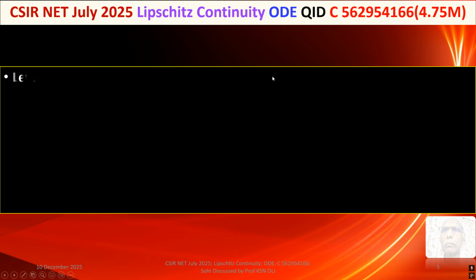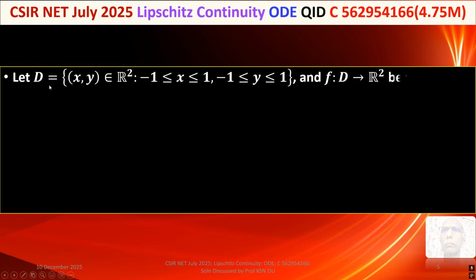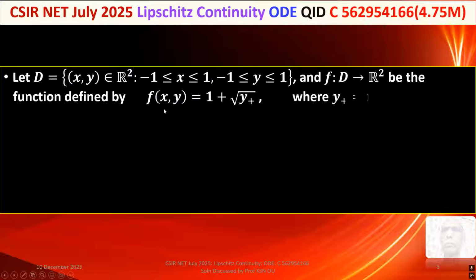Right. The given question is, let D be the set consisting of all ordered pairs (x, y) belonging to R square such that -1 ≤ x ≤ 1 and -1 ≤ y ≤ 1, and f be a map from D to R square with the function defined by f(x, y) = 1 + the square root of y₊, where y₊ is the maximum of y and 0.